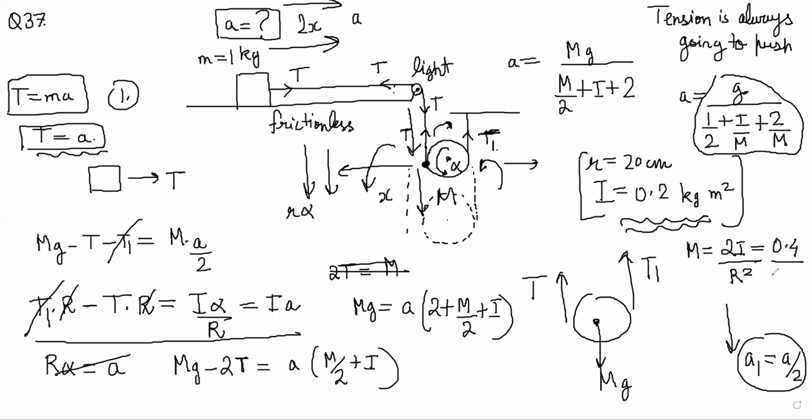So 0.04, right? So m is 10. Okay, so acceleration will come out to be 10 by half plus I is 0.2 by 10. So 0.02 plus 2 by 10. So 0.2, right? So this is half, so this is 0.5. So 0.7, 10 by 0.72, right?